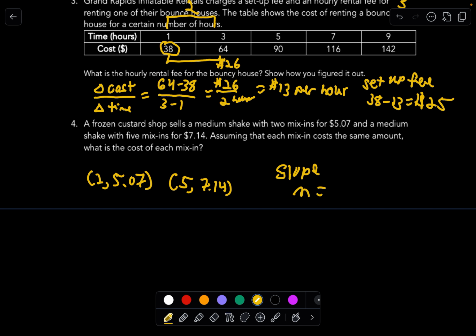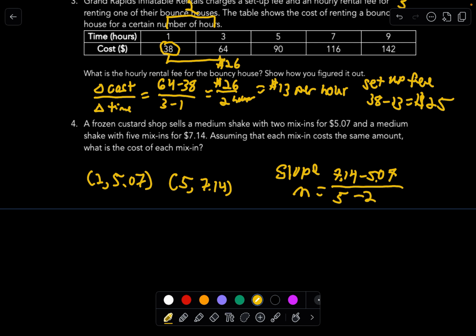So m. Now remember, it's going to be the change in y. It'll be $7.14 minus $5.07, divided by the change in the number of toppings, which is 5 minus 2.